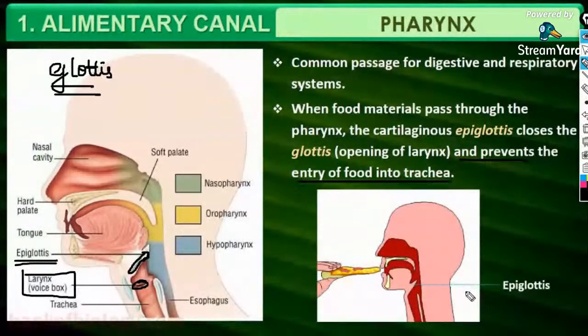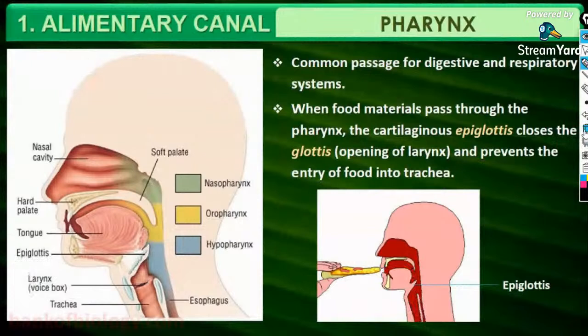As we eat, it closes like this, and the food is passed through the pharynx on to the esophagus. It doesn't go into the larynx. Is it clear?